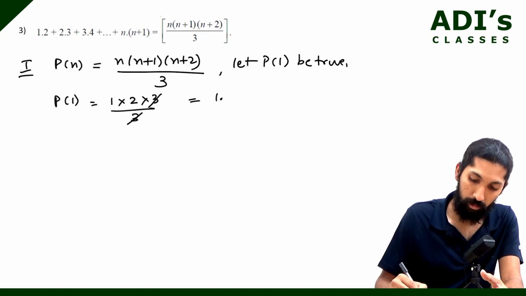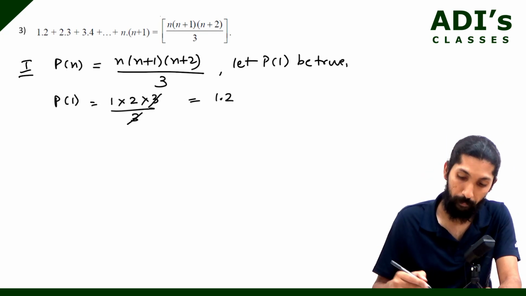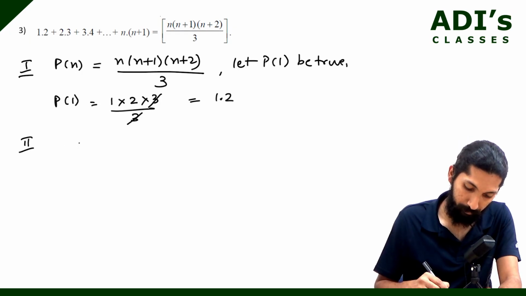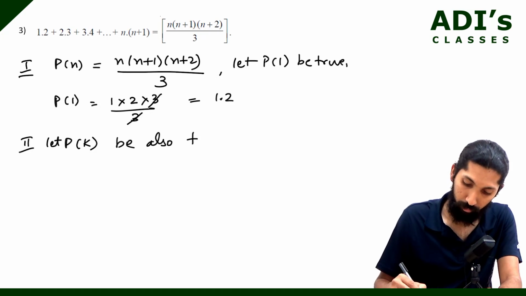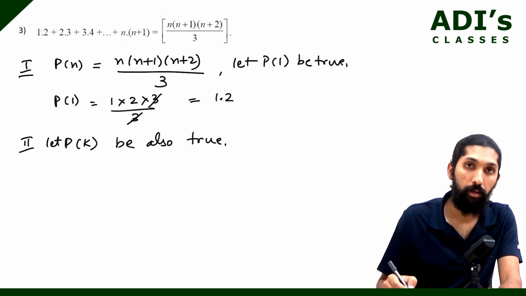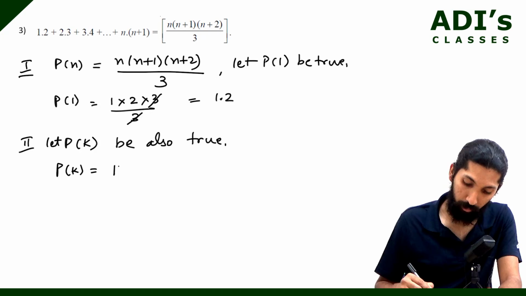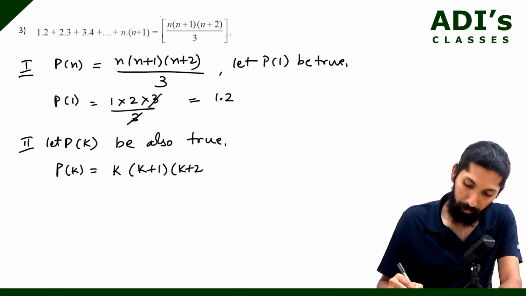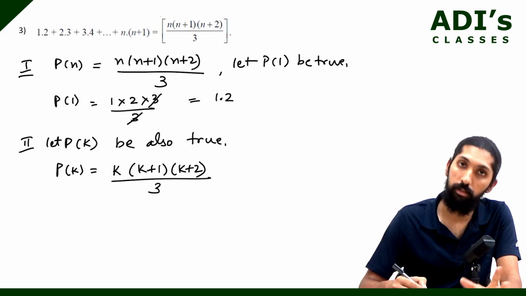So it's nothing but 1 into 2, which is the first term. Yes, so P of 1 is true. Next, second step: let P of k also be true. And P of k is equal to k into k plus 1 into k plus 2 divided by 3. This is the value of P of k.